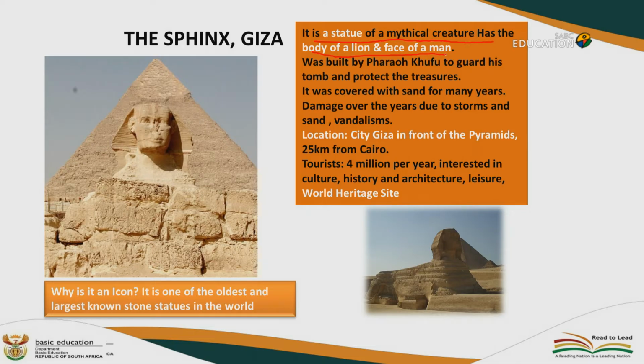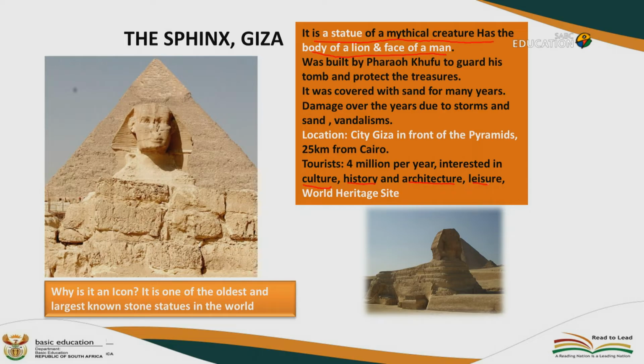And then who are these tourists who are visiting this icon? We've got culture, we've got history, and then also you can see the pyramid of Giza together with the Sphinx. They are close to one another. Check also the tourists.